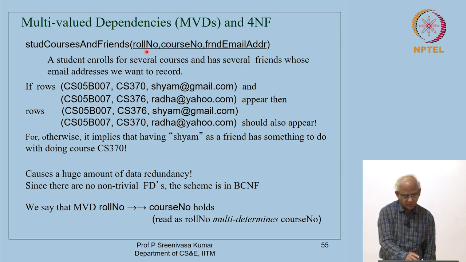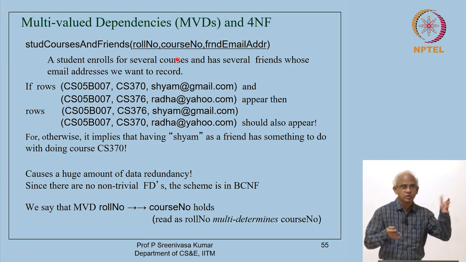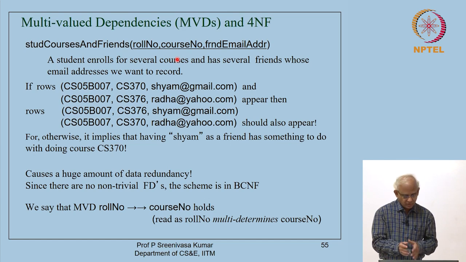So, in this kind of peculiar situation, you can guess that this situation has come up because these are two independent multi-valued attributes of the student, and we have sought to put them together into one relation. And so, this kind of messy situation has arisen.